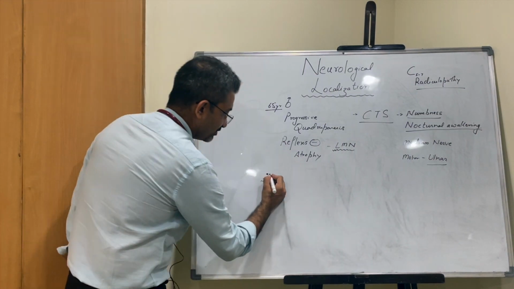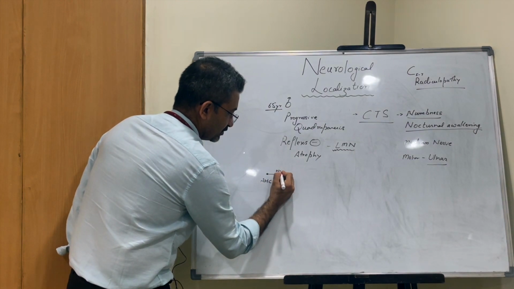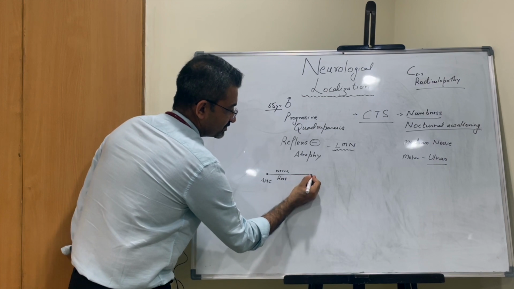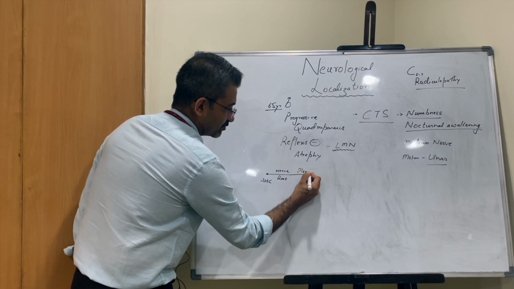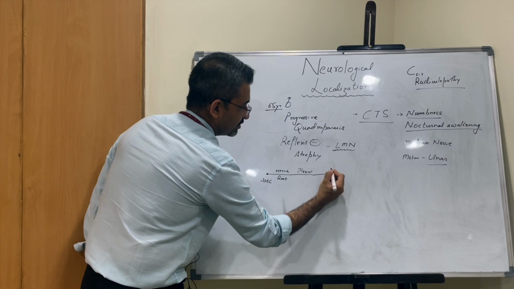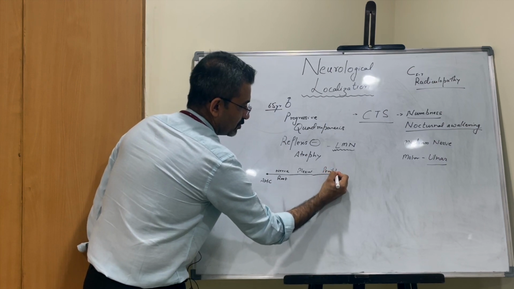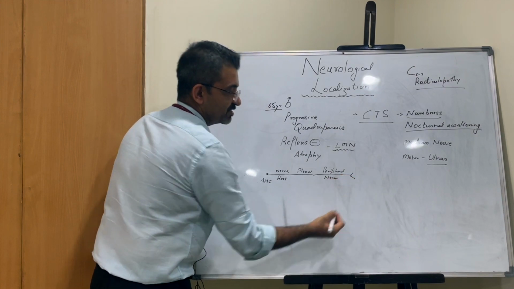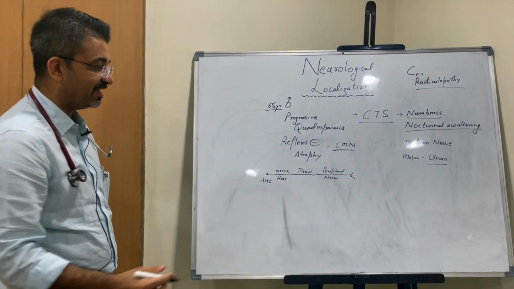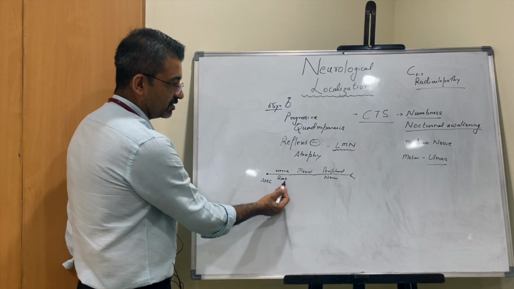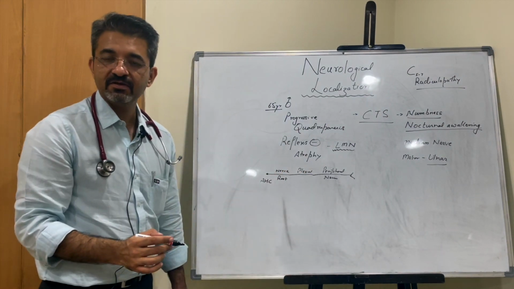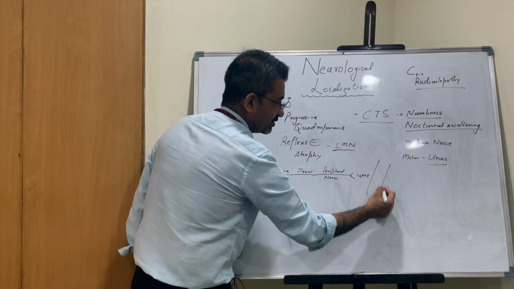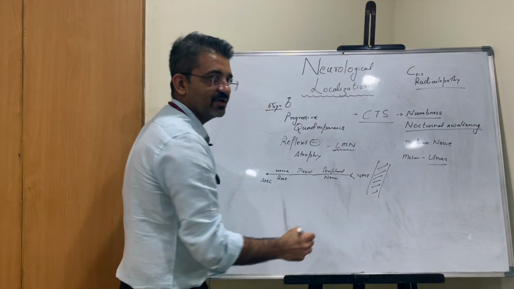The lesion could be in the nerve root. It can be in the plexus. It can be in the peripheral nerve. But it won't be in the neuromuscular junction, because LMN means anterior horn cell, nerve root, plexus and peripheral nerve. Neuromuscular junction and muscle are not part of LMN.